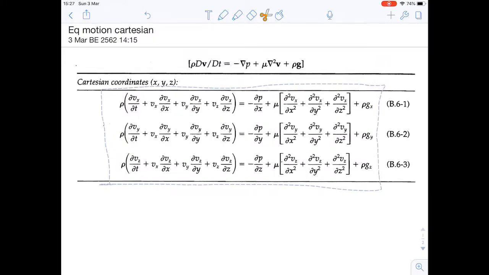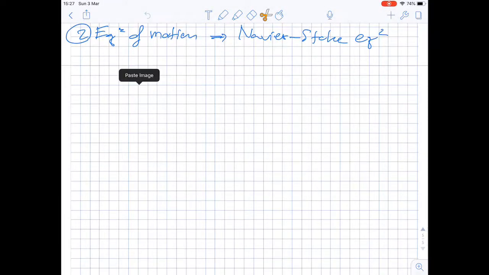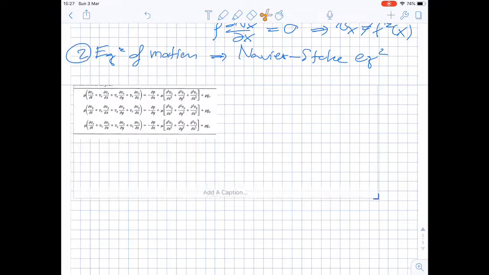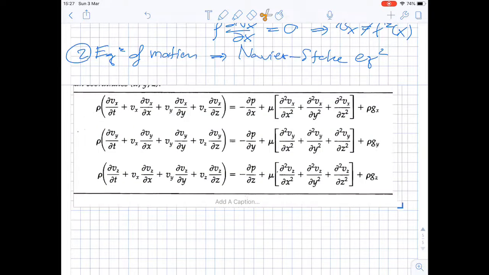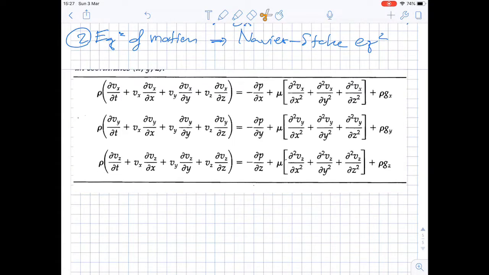Let us copy. Alright. This is x direction, y direction, z direction, or x momentum, y momentum, and z momentum.